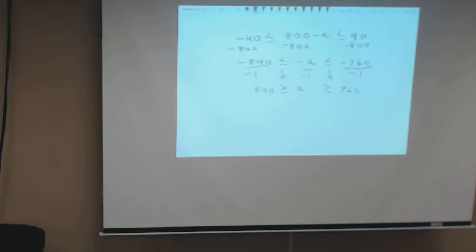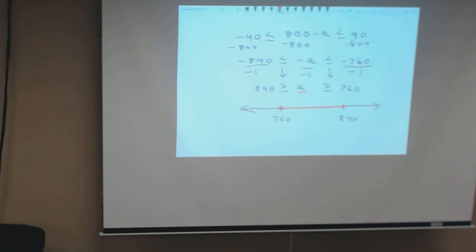So I come down here on a number line and put 760 and 840 and A has to be between those two numbers. Everybody follow that process? What do they want to know for this problem anyway?